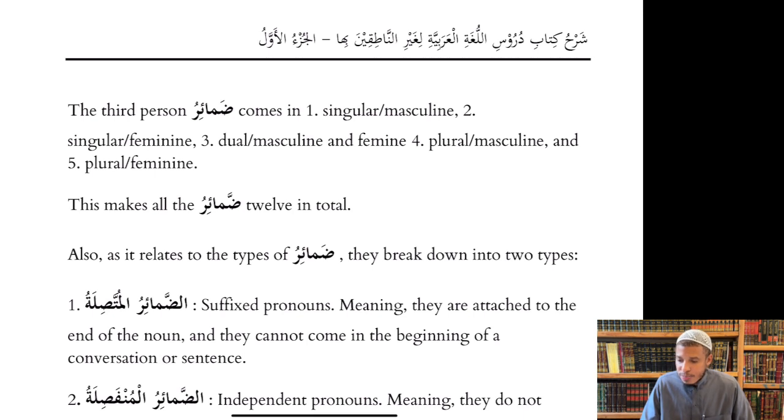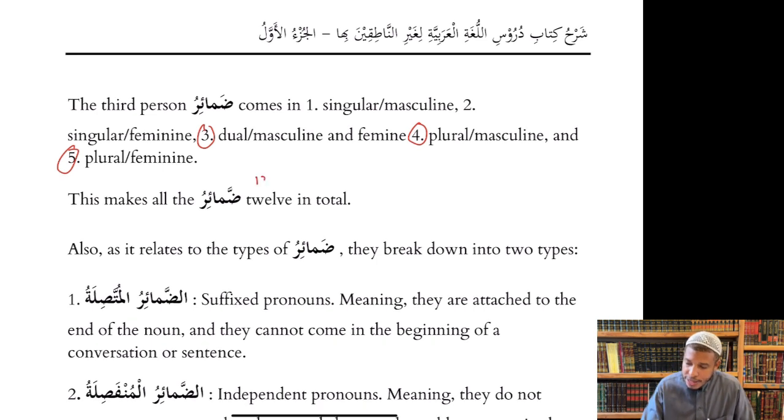And likewise, the third person dama'ir comes in the same five forms. All right, so this makes 12 dama'ir in total.